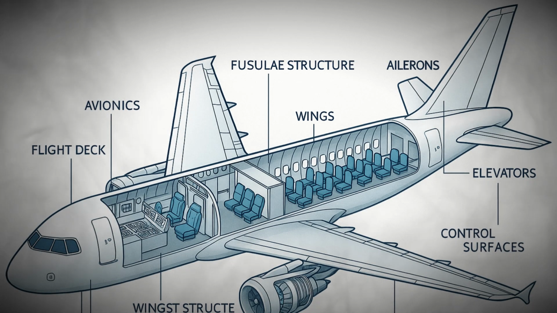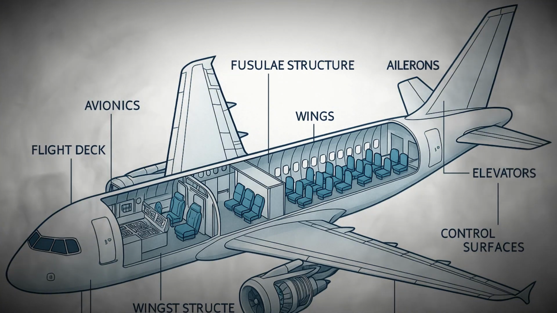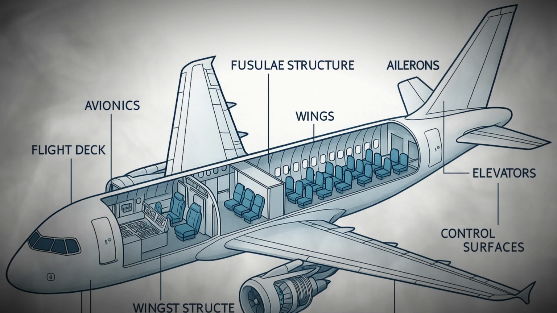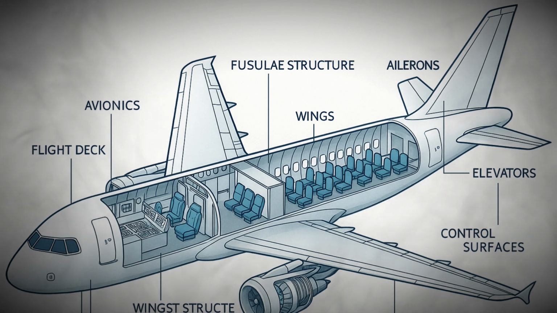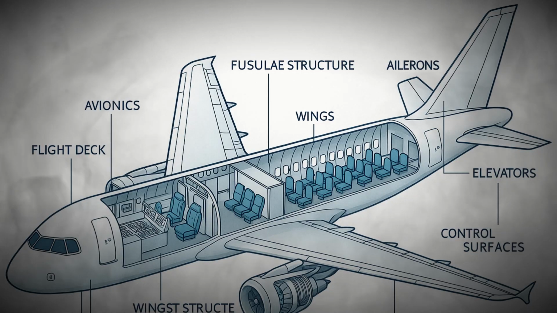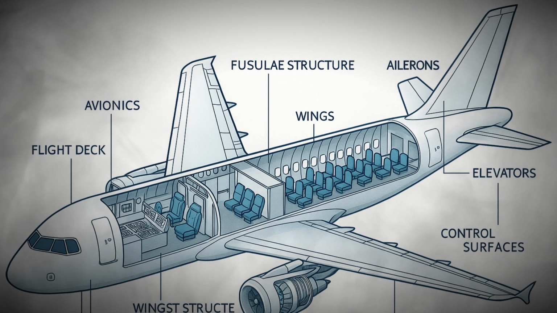Flight management systems, autopilot, and navigation computers further assist pilots by automating routine tasks, calculating optimal routes, and maintaining stable flight when engaged. Yet even with automation, the pilot remains responsible for monitoring systems and intervening whenever necessary.